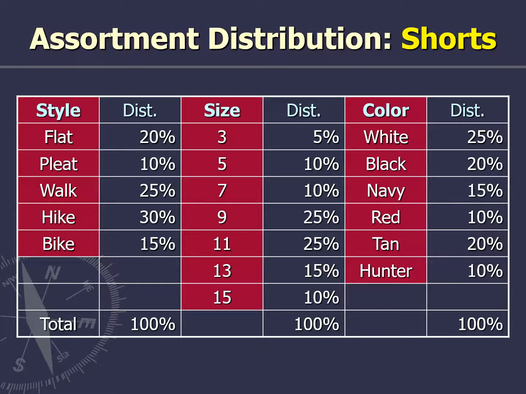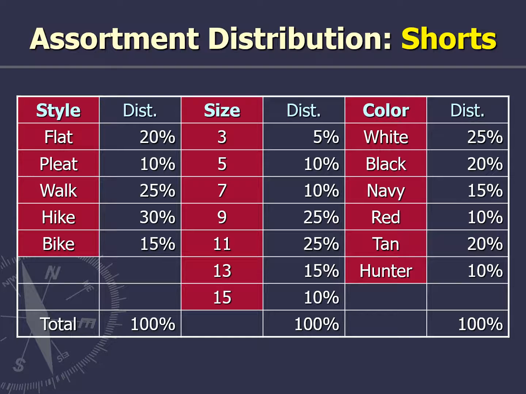For example, for style, 20% of the entire shorts will be flat front, 10% pleated front, 25% walking shorts, 30% hiking shorts, and 15% biking shorts. For sizing, you can see that size 9 and size 11 are going to be the most popular sizes, followed by size 13, 15, 5, and 7, and then size 3 will be the least popular one.